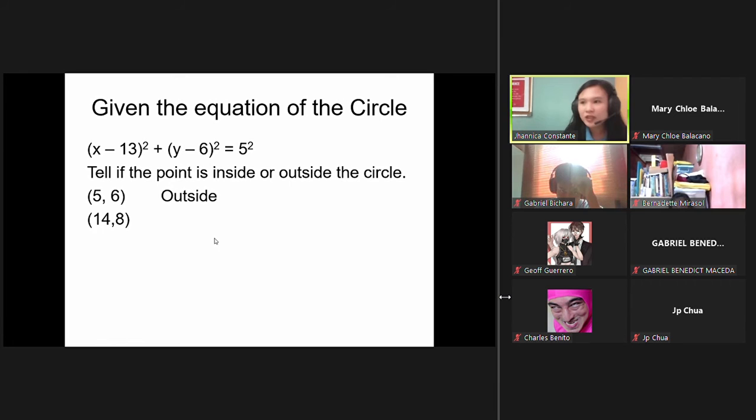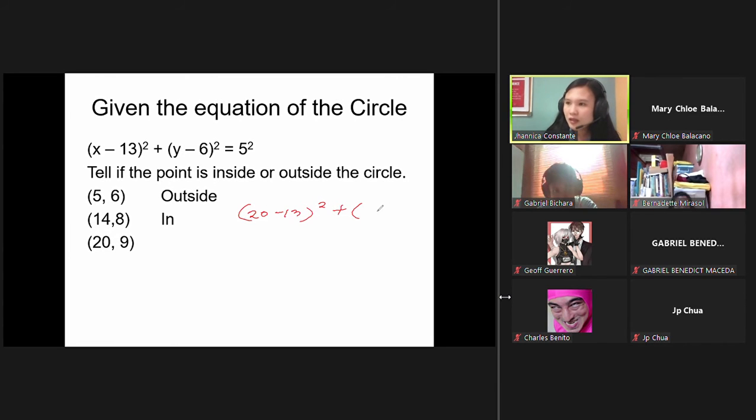For example, another point, we have 20 and 9. And we're going to identify if it's outside or inside of the circle or on the circle. So 20 minus 13 squared plus 9 minus 6 squared equals to 5 squared. So 20 minus 13 is 7 squared plus 3 squared equals to 5 squared.